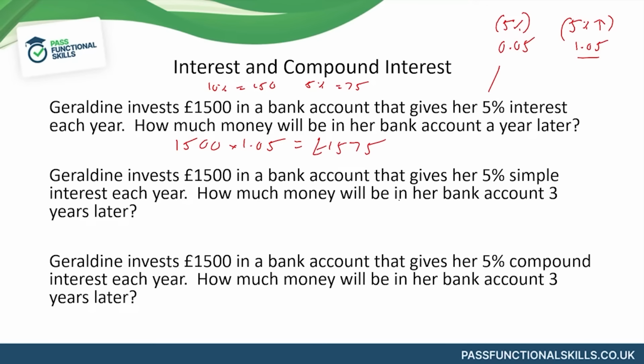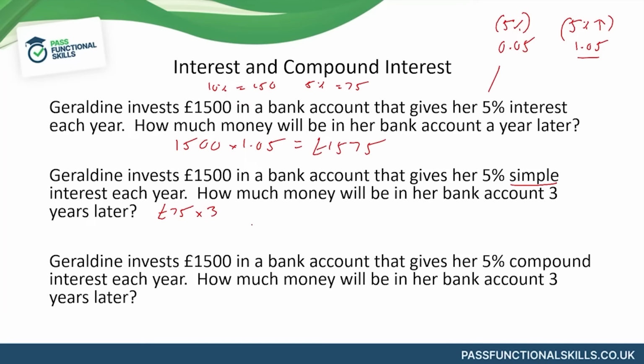Okay, so in the next example, we're talking about simple interest. Now, most banks don't do simple interest, they do compound interest. Simple interest is the same interest amount every single year. So we've already worked out from the previous example that the interest is £75. So 3 years later, it means Geraldine will get an extra £75 plus another £75 plus another £75.